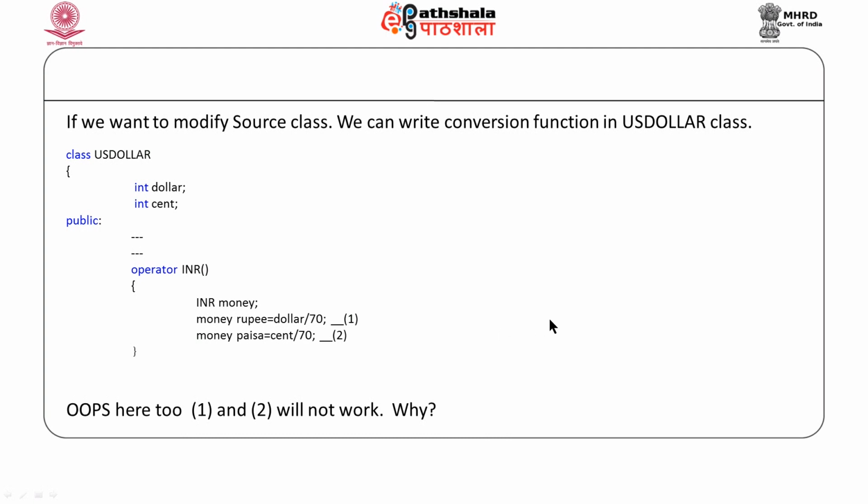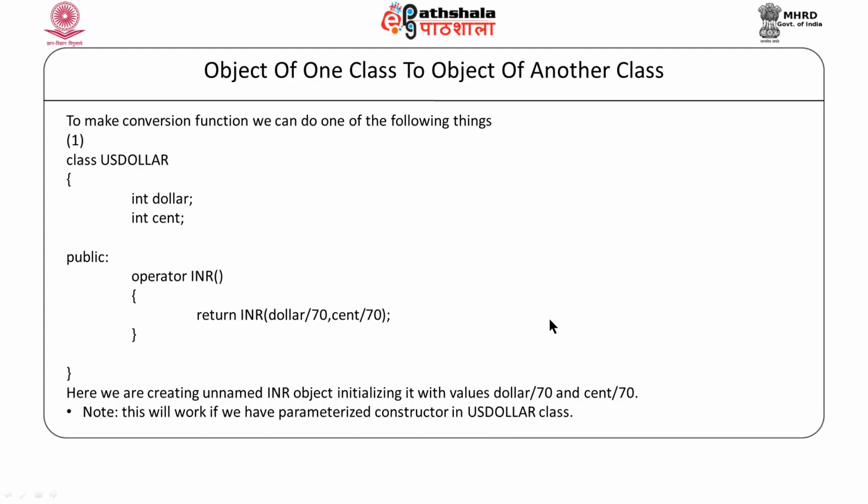So, what do we do? Well, there are two things that we can do to achieve this. The first one is that, instead of creating an object of INR and then assigning a value, we can write a return statement like this.